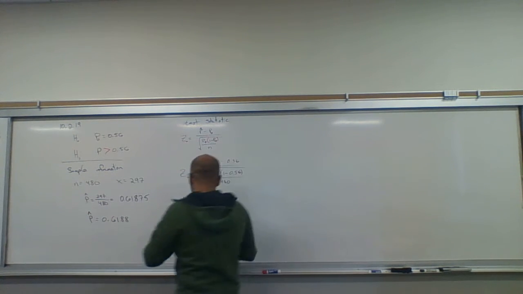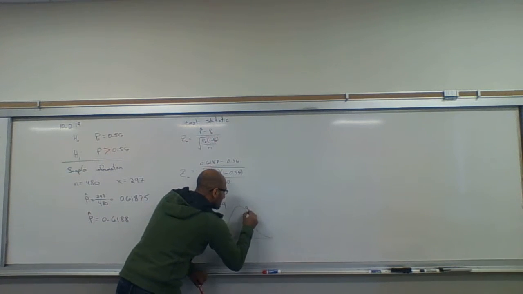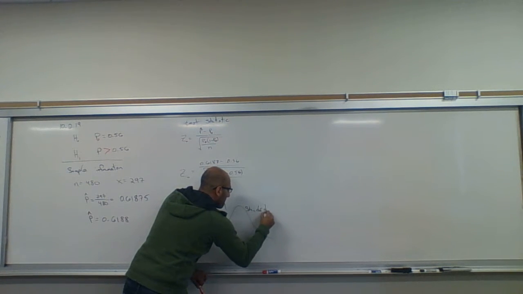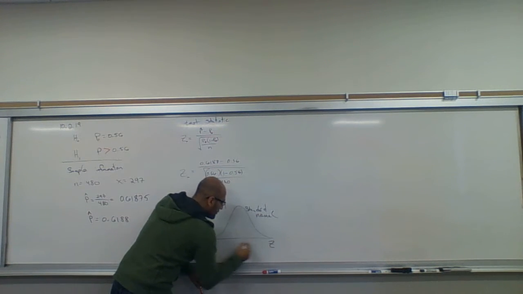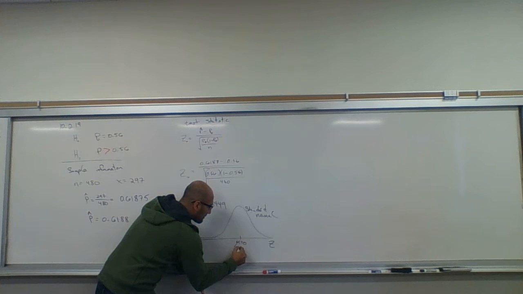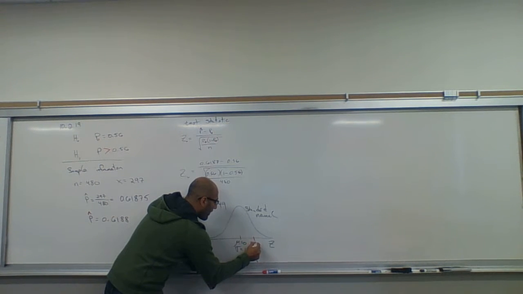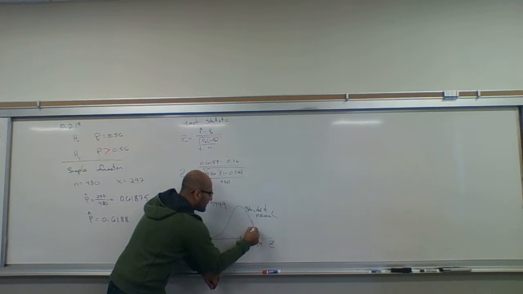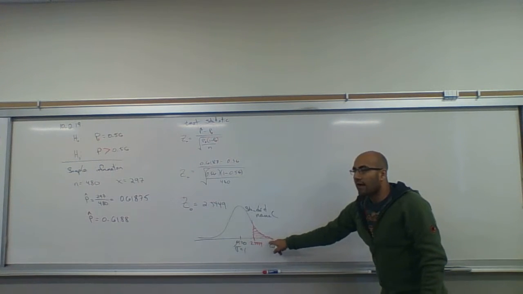Now I can draw my standard normal distribution. These are Z values. Mean is 0, sigma is 1. And I know that here is my 2.5949. It's exactly what we did a minute ago. So there's that area over there, and now I need to find that area.